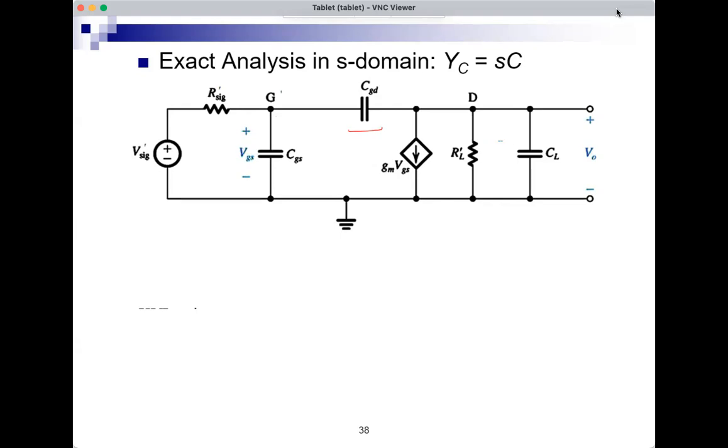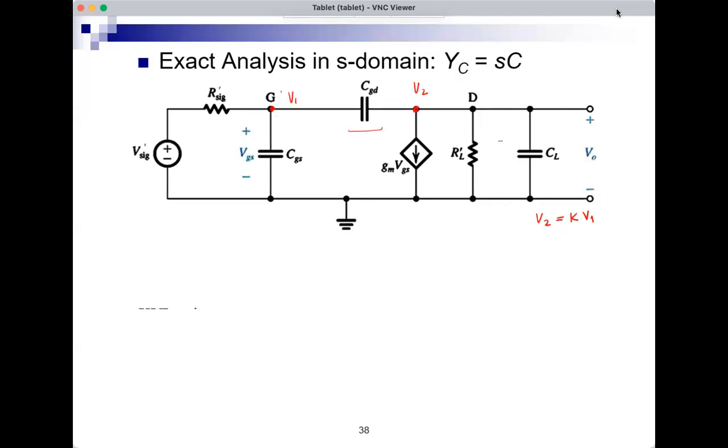So the condition to apply Miller's theorem is that the voltage here, this is V2, and this is V1. V2 is the output, and V1 is the input in this case. The condition is that I should know what K is. So what is K in this case?